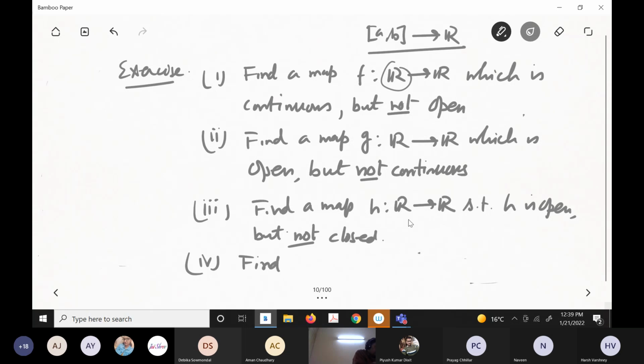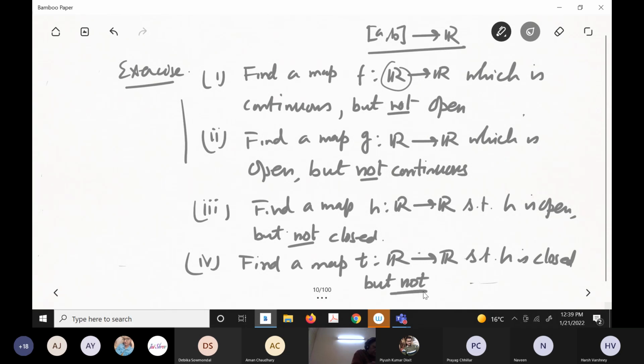For between continuity and closed, if you can do it here, you can think of that. Find a map t from R to R such that t is closed but not open. Okay, this is your exercise. You are free to explore if you can't do it on that. But some of them you should be able to do.